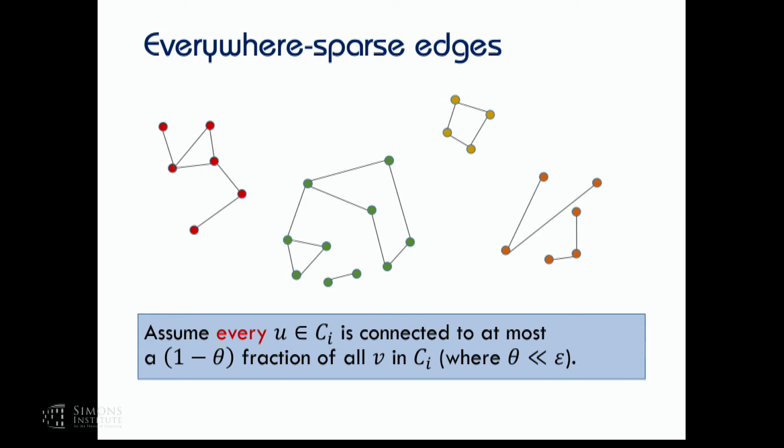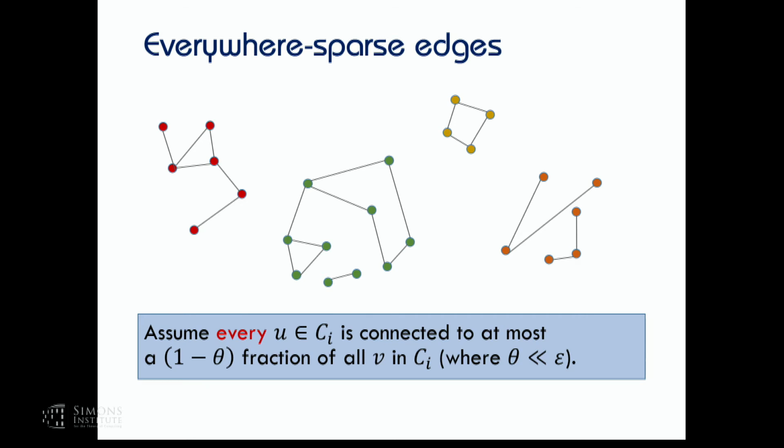Okay? Note that this bound on the degree depends on the cluster. So if you have a large cluster, the bound is larger. If you have a small cluster, then the bound on the degree is smaller, because we consider only its neighbors in the cluster. It should be not 1 minus theta, it should be a theta fraction of all vertices in the cluster.